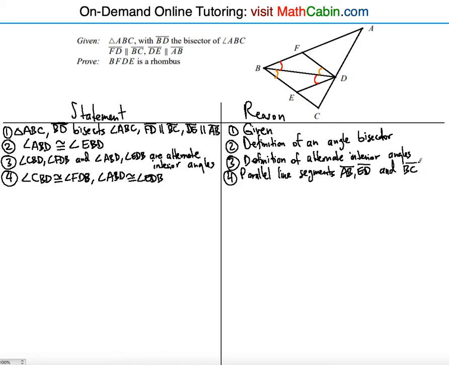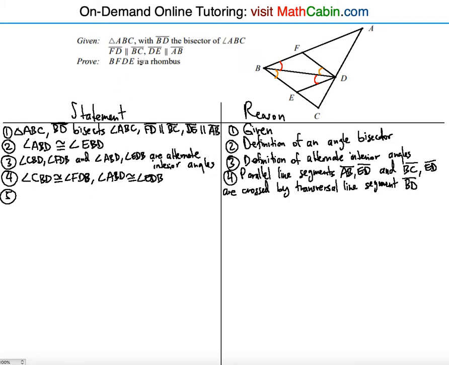So BC, comma ED, are crossed or intercepted, however you want to say, by transversal line segment BD.